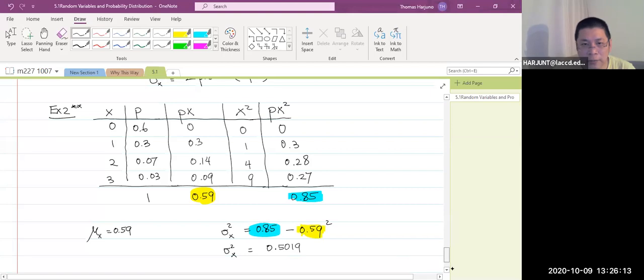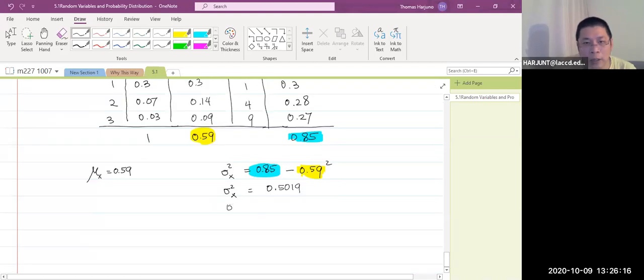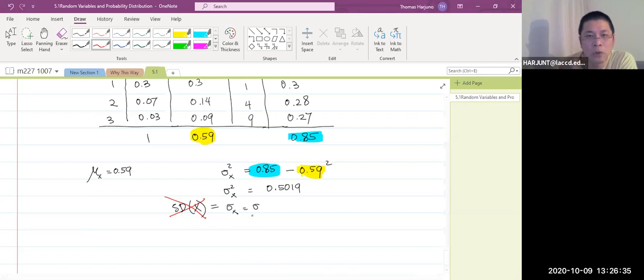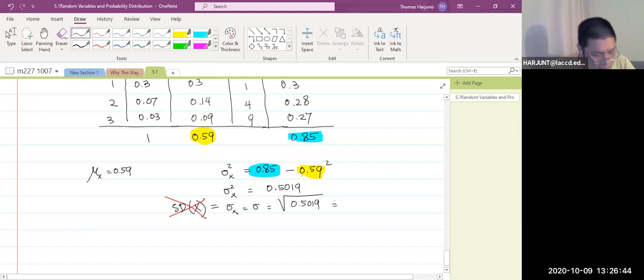Now, the standard deviation, denoted by sigma subscript x, or simply sigma, but not SDX. It's not one of the acceptable notations for the standard deviation of a random variable X. Only these two. That will be the square root of this ugly guy, just like before.